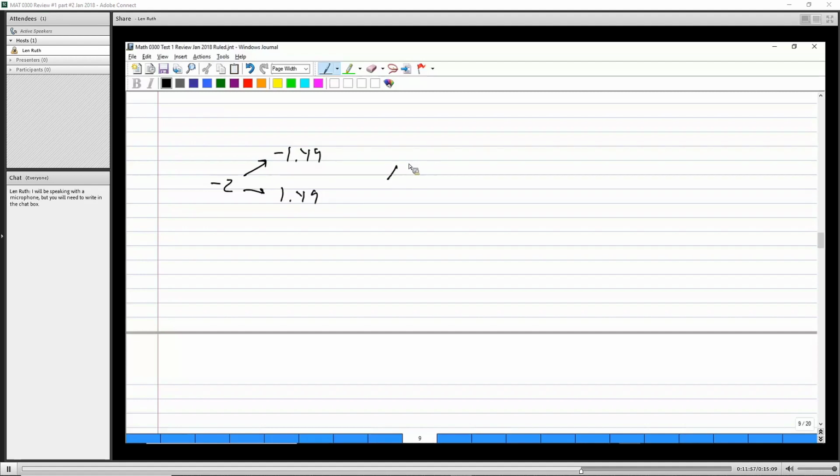And functions don't do that. So it is not a function. And the reason is it fails the vertical line test. If you have a picture, you can just glance at it and you can tell whether you have a function based on this vertical line test.